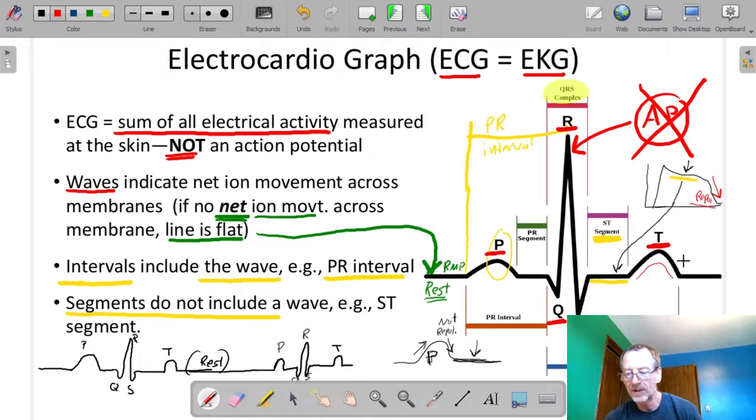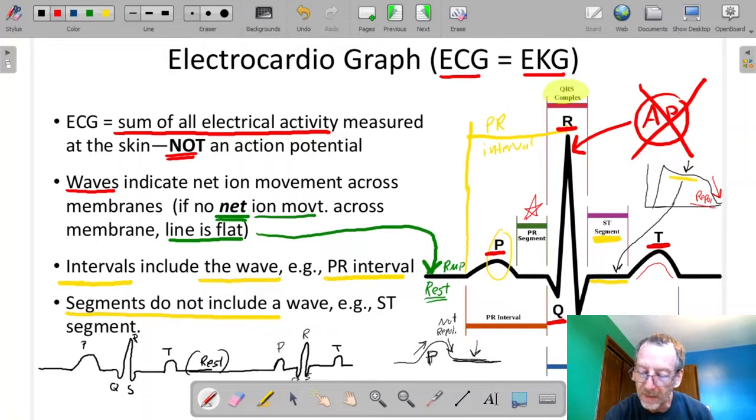The main thing from this slide is to identify the major waves and segments on an EKG. So it goes P, QRS complex, and then a T. And the two intervals that you should pay attention to, or the one interval, is the PR interval and the QT segment.